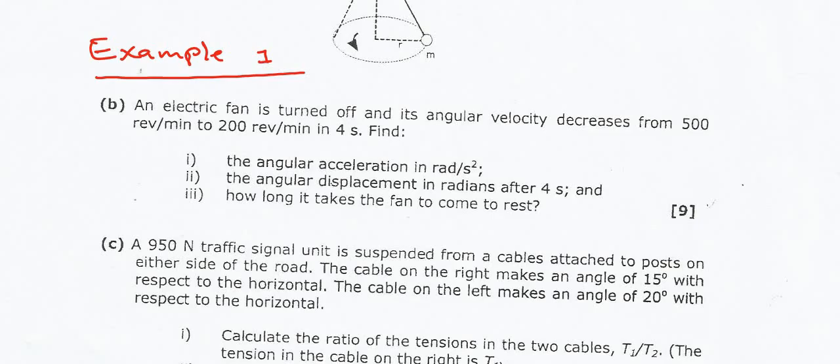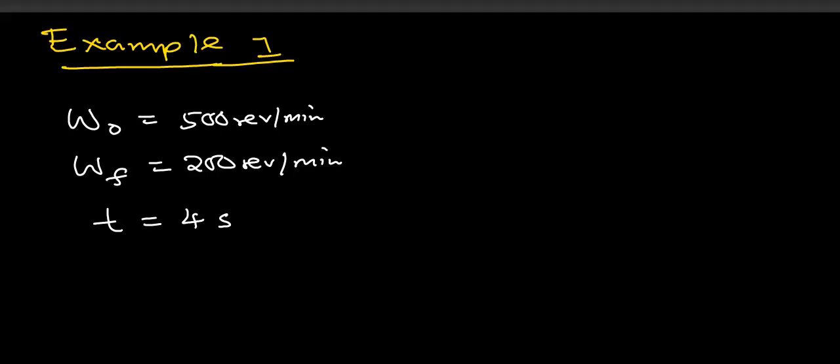So let me do the data collection here. This is what they have given us from the question. The first thing they want us to get is angular acceleration. The second one, they want us to get angular displacement.